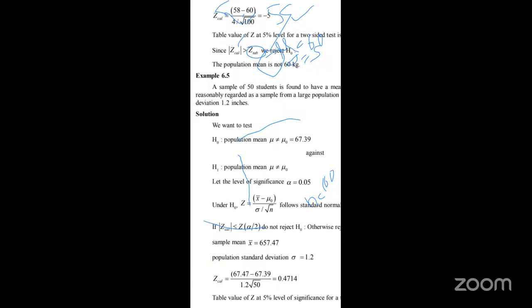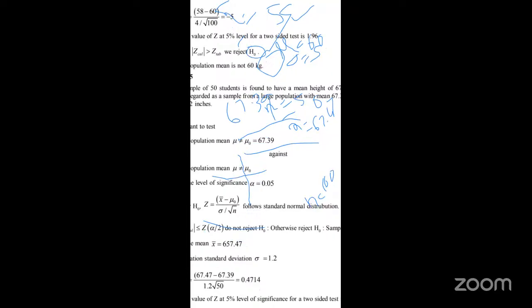Sample size n equal to 50 and sample mean x bar equal to 67.47, where the population mean is 67.39.